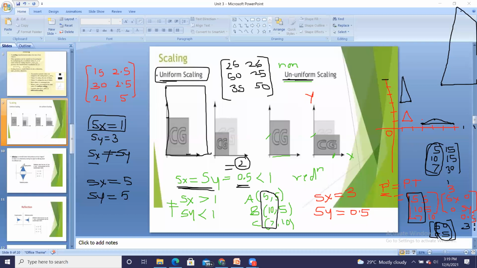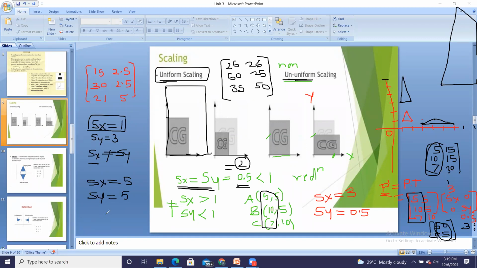In order to perform the compression along x-axis and expansion along y-axis, what should be Sx and Sy? In order to carry out the compression along x and expansion along y, suppose.